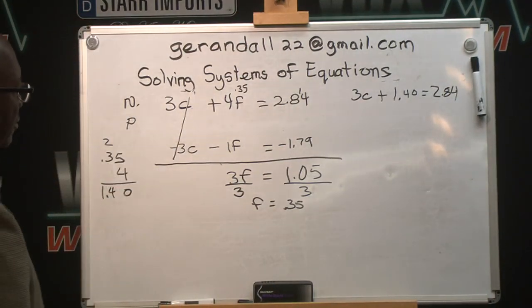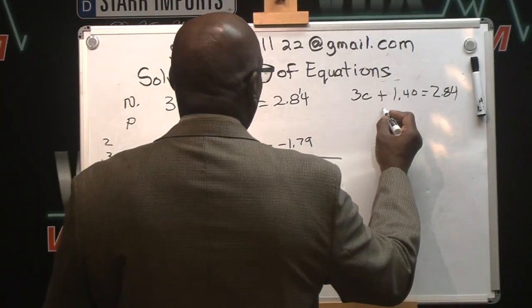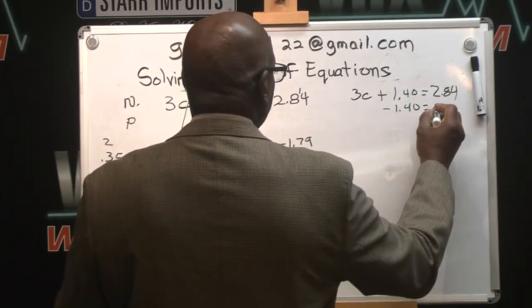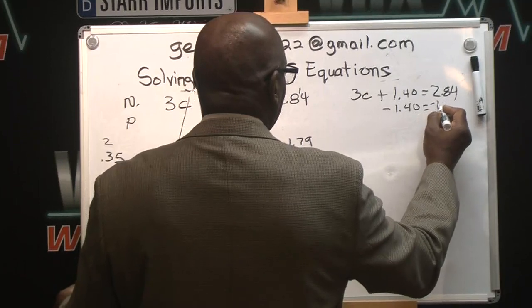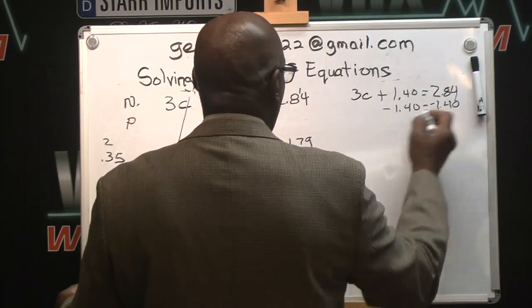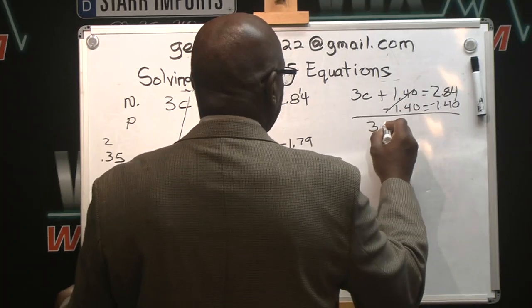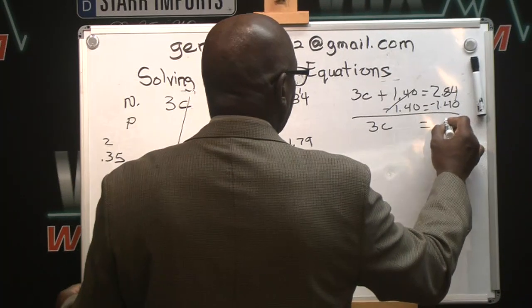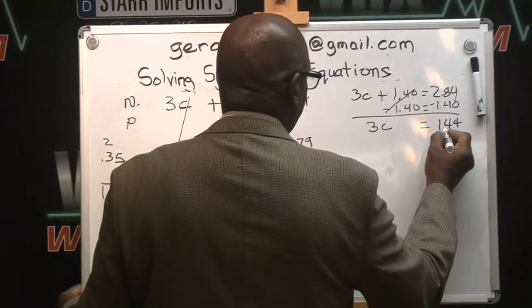Okay. Now, we subtract 1.40, and whatever you do to one side, do to the other. This goes out, you're left with 3C equals 1.44.